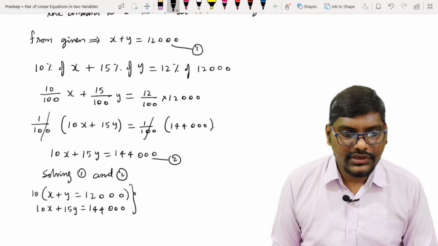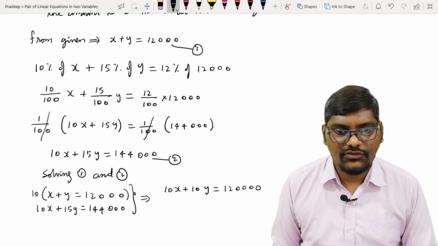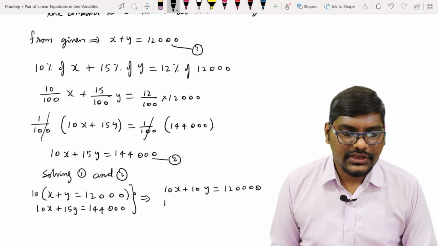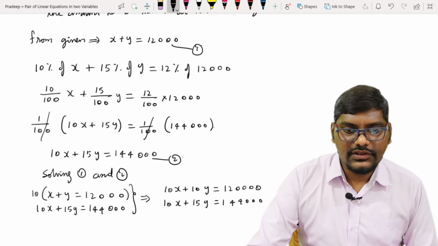Let's see what we get here: 10x plus 10y equal to 12,000 multiplied by 10, so one more 0 will come, that is 120,000. And again 10x plus 15y equal to 144,000.